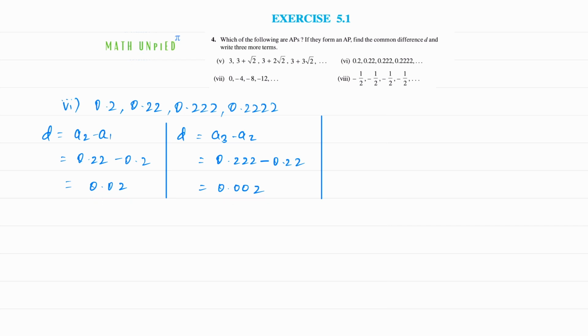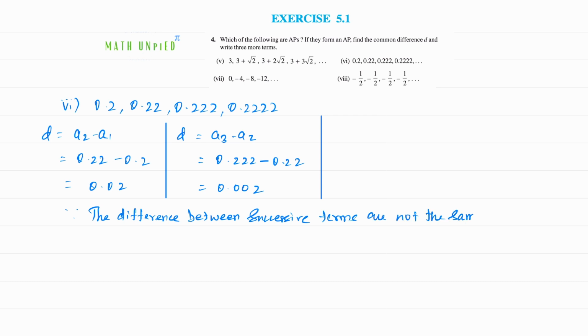So we can write, since the difference between successive terms are not the same, it is not an AP.